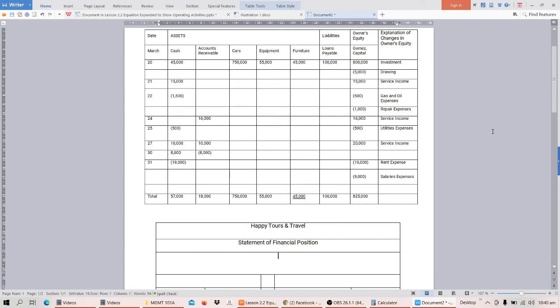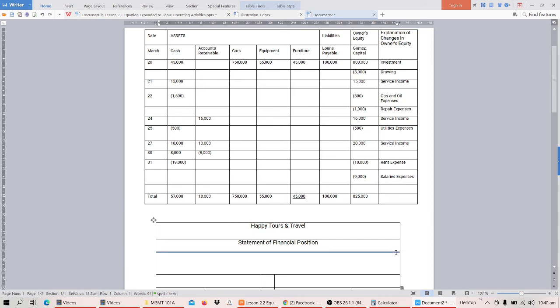If it's a fiscal year period, it should start not January 1, maybe July 1 or June 1, and it will end in the next year. So from July 1 to June 30 next year. So this is a fiscal period. If it's an interim period, it's a shorter one. So it may be in the form of monthly, quarterly, or semi-annual. So we'll use the interim period.